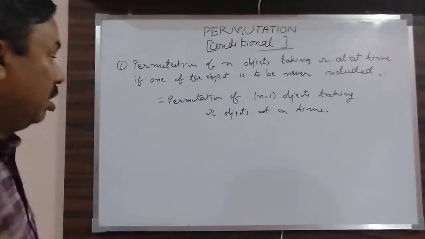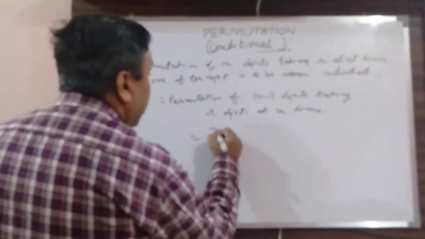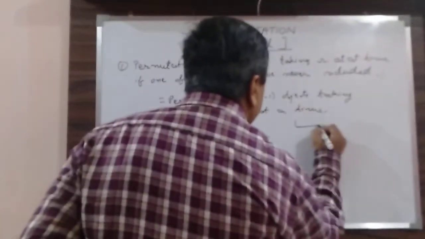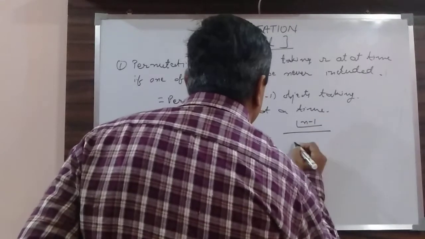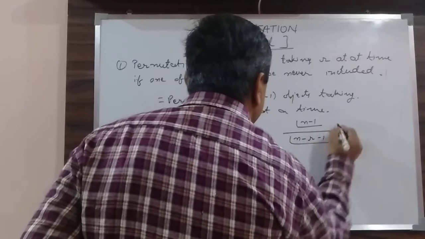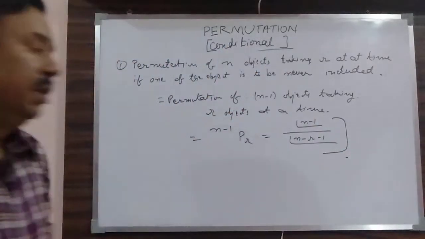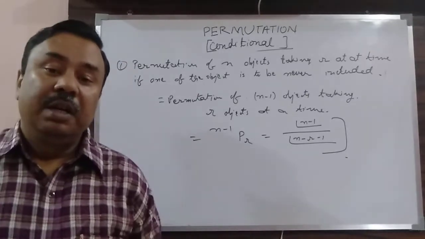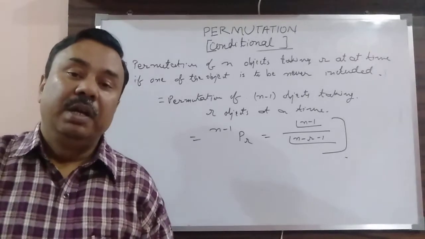Very simple. This permutation will be n minus 1 P r, or I can write it as factorial n minus 1 divided by factorial n minus r minus 1. Simple way. Okay, this is the second condition.